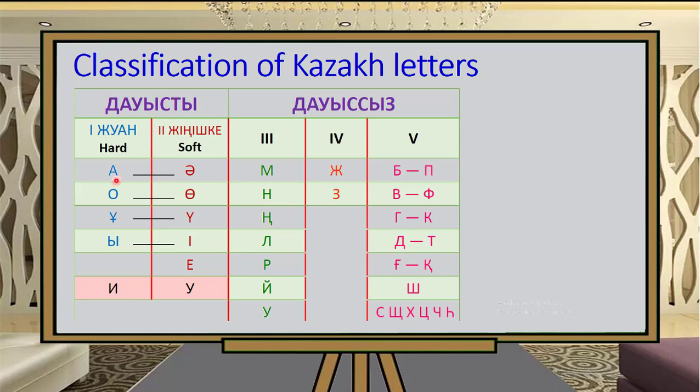There are four pairs of vowel letters which have similar sounds. The first pair is a, o, e, ye, u. These letters can be juan or jenishke because in some places they give hard sound and in some places they give soft sound.